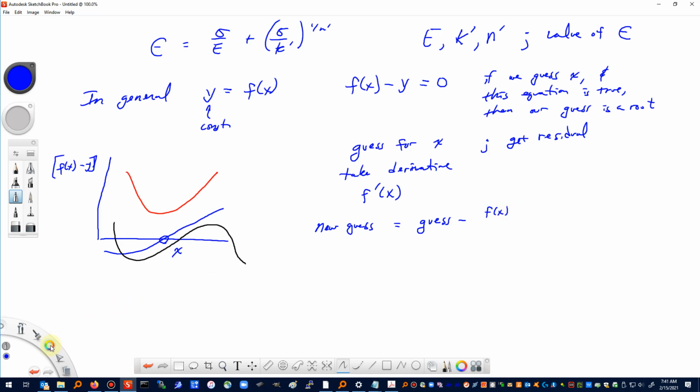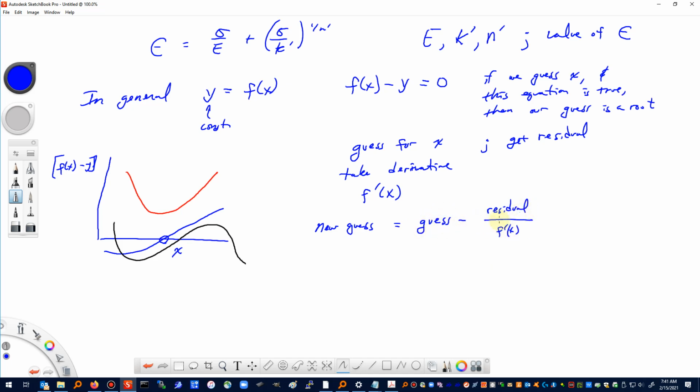Maybe we should call that our residual, since I don't want to get just the one term confused with the whole left-hand side. And we're going to divide this by the derivative. So then our new guess is a modification of our previous guess.